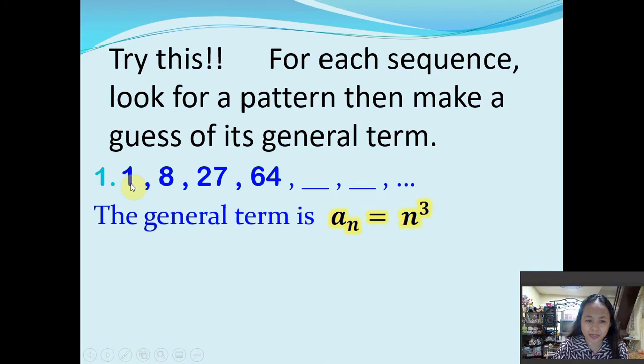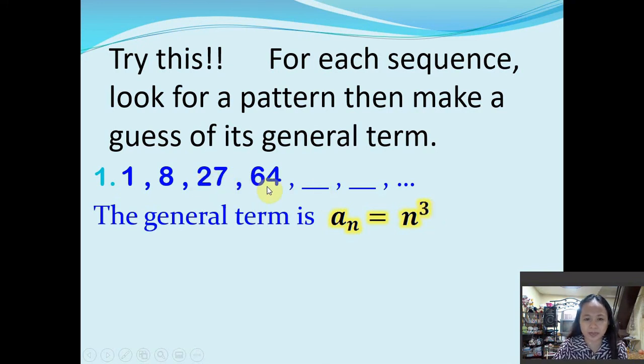Second term is 8. Replace n with 2. 2 cubed, or 2 to the power of 3, that's 2 times 2 times 2, and that is 8. For the third term, our n is 3. So 3 raised to the power of 3, that's 3 times 3 times 3, that's 27.